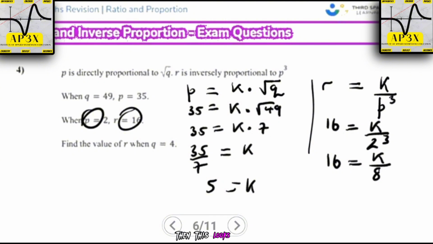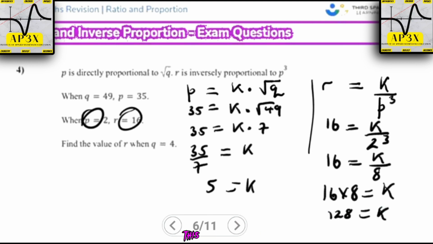So then this looks to be, pardon me, let's just write it down. That's 16 multiplied by 8, that's equal to K. So 128 is equal to K.